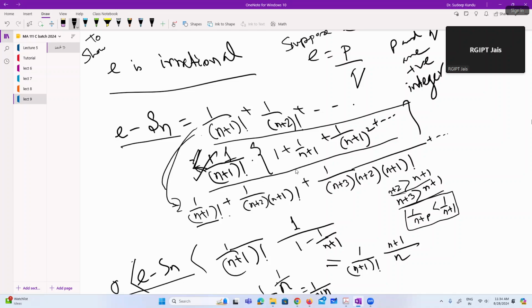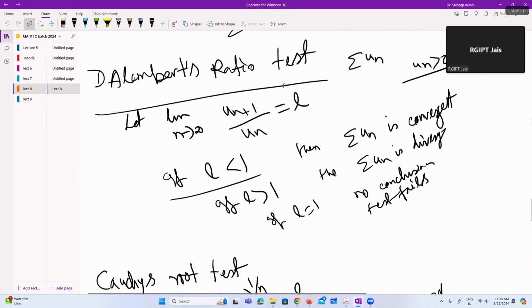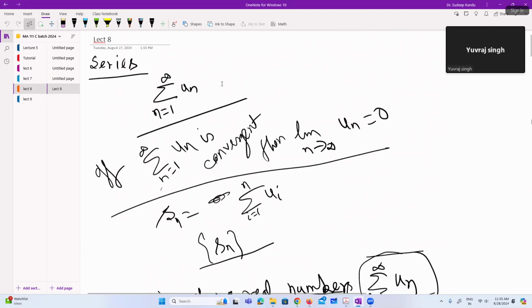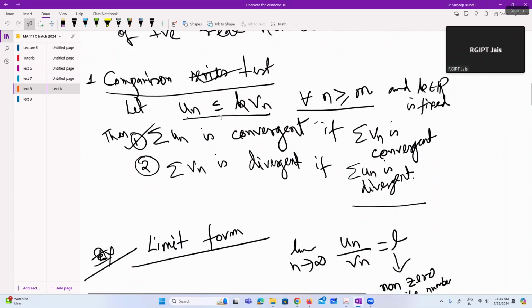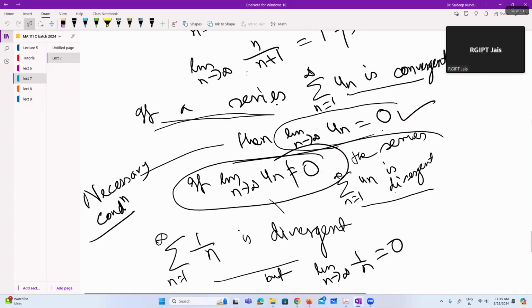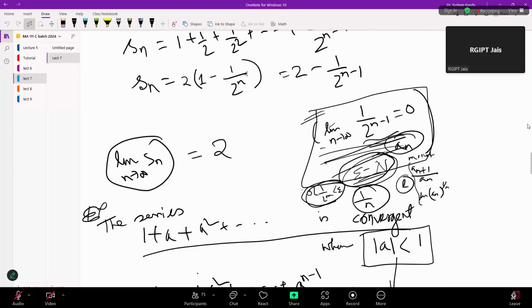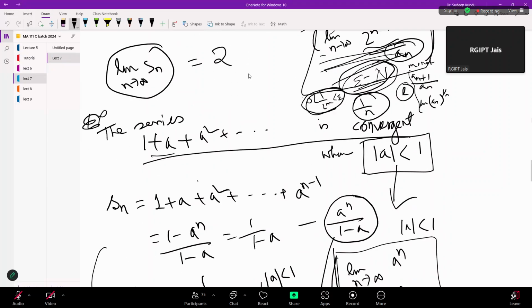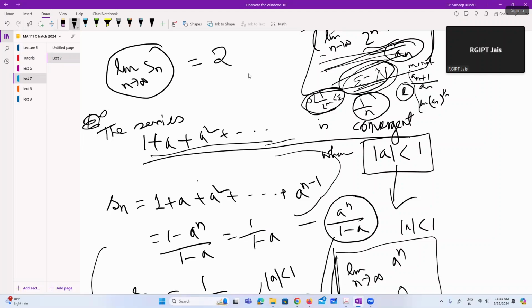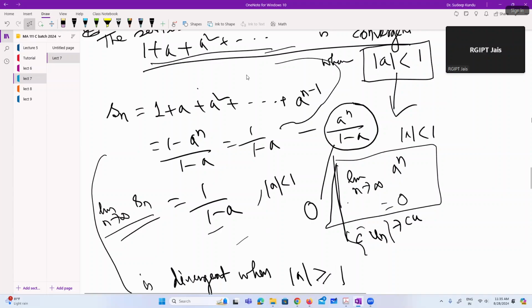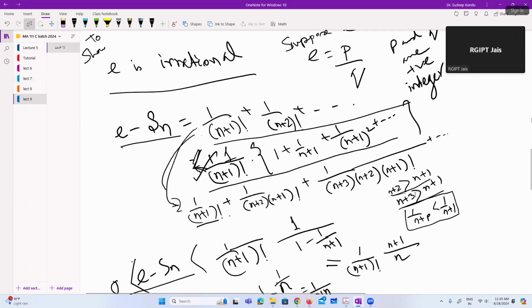So this is a geometric series, right? Its summation will be 1 plus a plus a squared and so on, which is 1 by 1 minus a. This you have already seen in many classes, right?